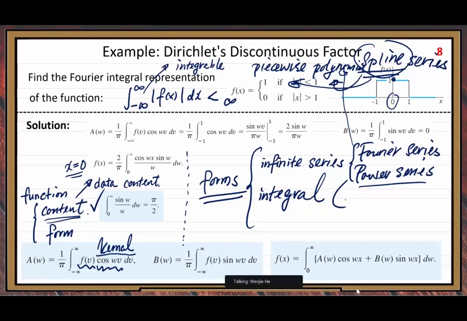So here, integration and summation has some similarity. Can you see that? Integral, summation, what kind of similarity?